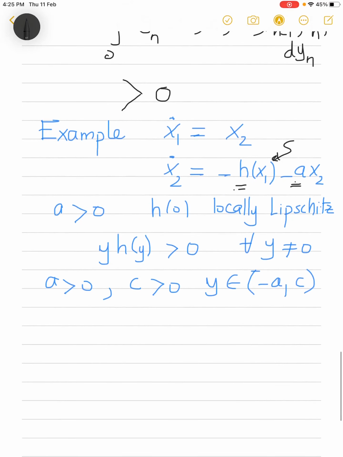And the meaning of that is that if we assume here the axes y and h of y, then the function will appear in the first and third quadrants, and also because of the continuity of the function, it has to go through the origin.